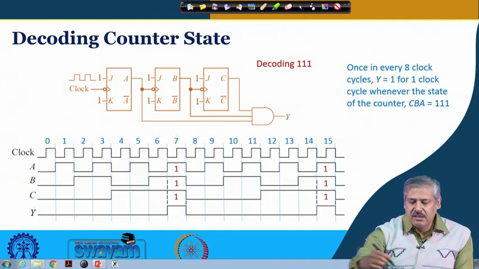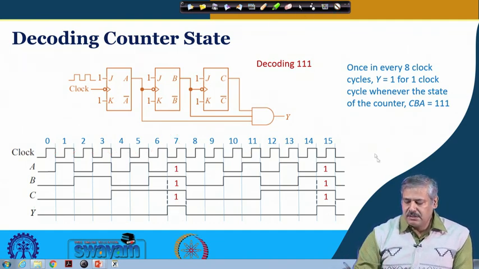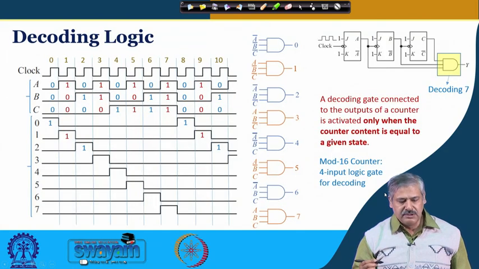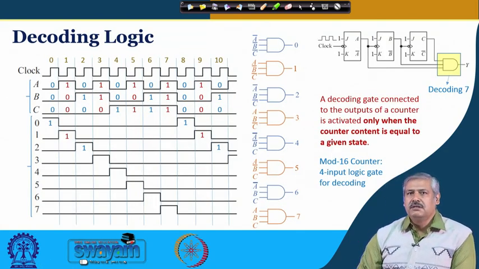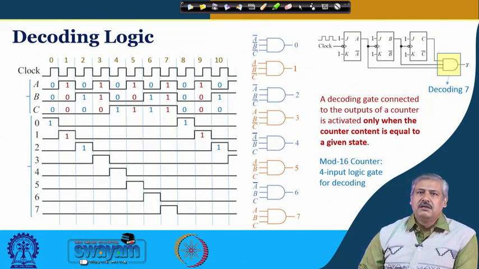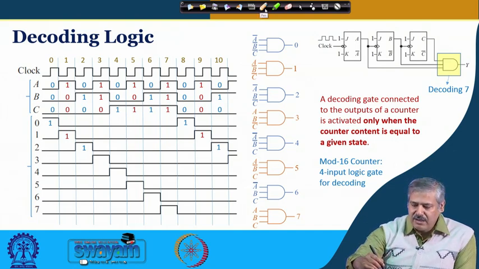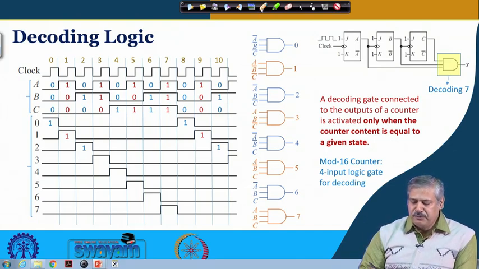Now, if we extend it, instead of 7, say we are interested in decoding whether a count of 5 has taken place or not. What shall we do? We shall put an output gate whose inputs are A, B and C, where C is the MSB here.